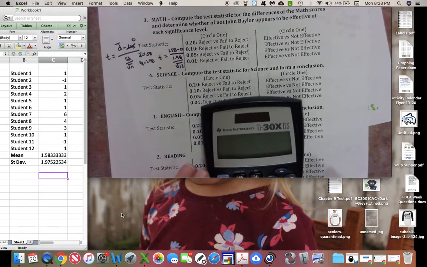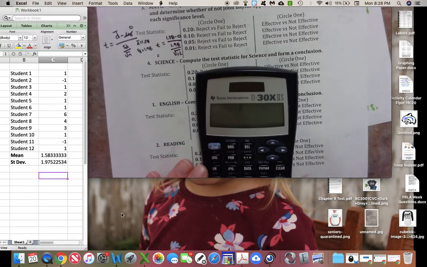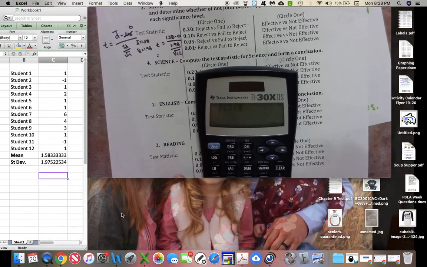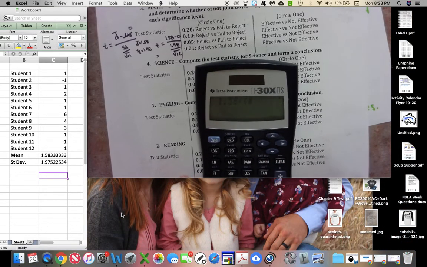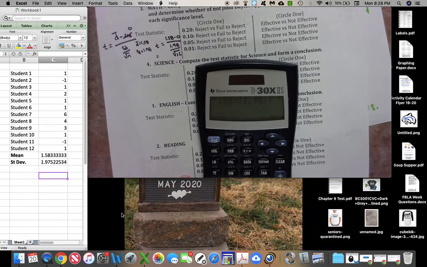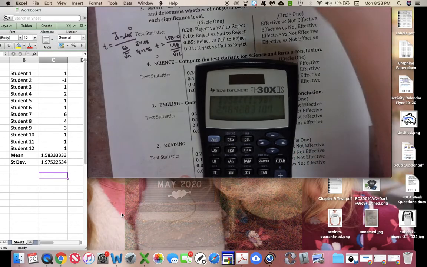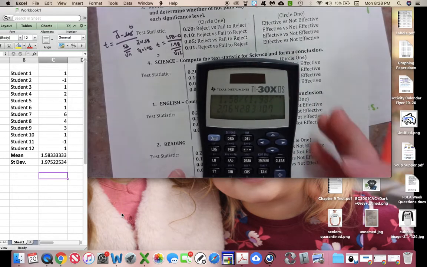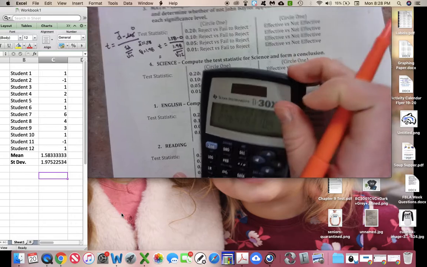Let's get 1.58 divided by parentheses, 1.98 divided by the square root of 12. Okay, and I got 2.76.